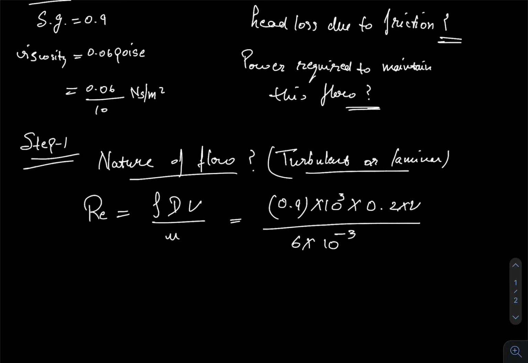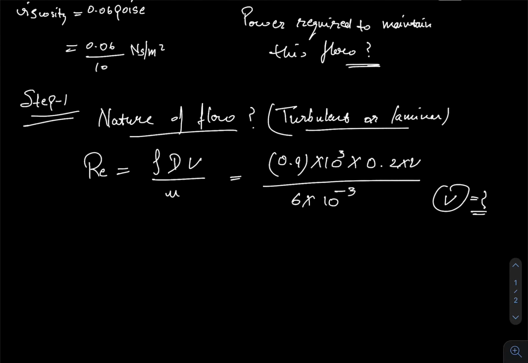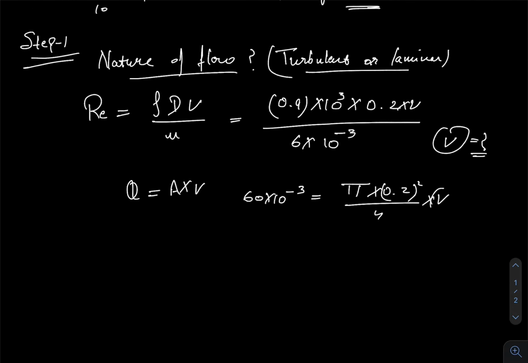Now I need to calculate the value of V. This is not given, so how will I find it? I have the flow rate Q. Q is area into velocity, so 60 into 10 raised to power minus 3 will be equal to pi into 0.2 square, pi d square by 4, that's the area, multiplied by V. From here I will calculate the value of V and put it in this equation.